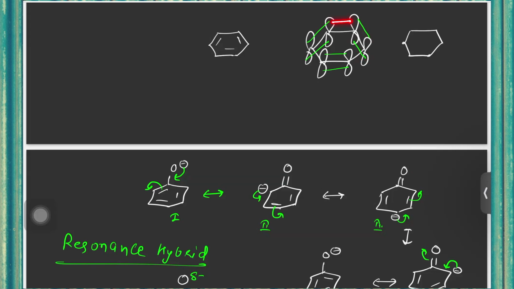So a pi bond can be formed between these 2 orbitals also here. Because if these orbitals can overlap, then these orbitals can also overlap. So that is the case of the resonance, when the other p orbitals do the overlapping and make another pi bond, right? So this time we have a pi bond here and here and here.